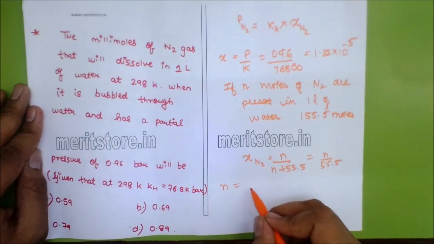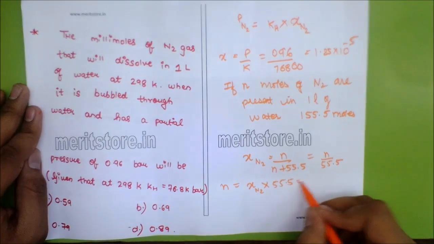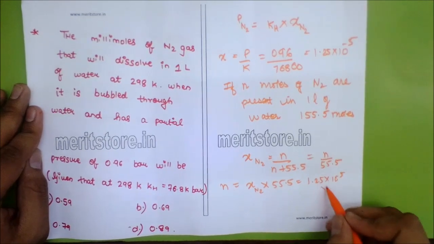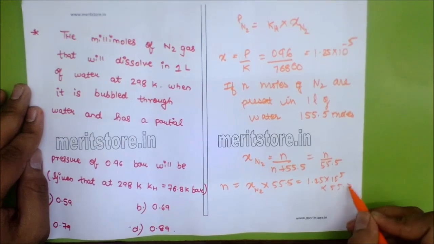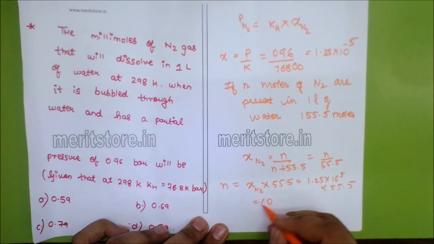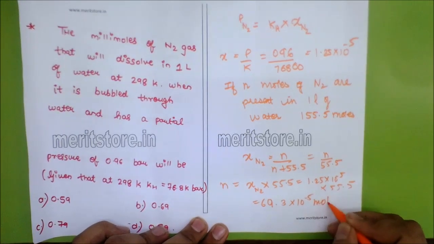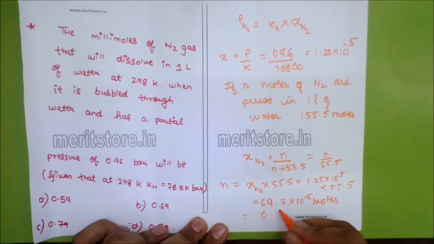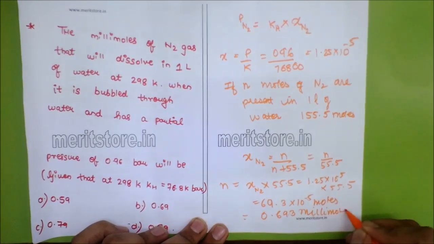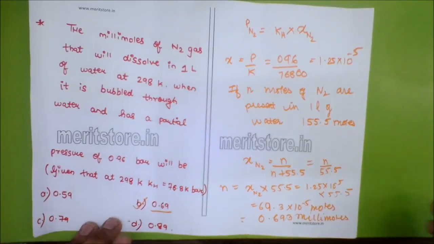So value for n is equal to X of N2 multiplied by 55.5, which is 1.25 into 10 raised to minus 5 into 55.5 moles, which is equal to 69.3 into 10 raised to minus 5 moles. So the answer is 0.693 millimoles. So option B, 0.693 is the correct answer.